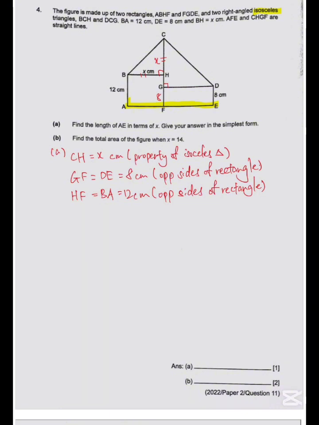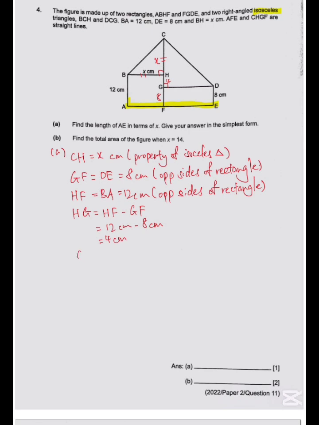So if we know that HF equals to 12 cm and GF equals to 8 cm, then can we find HG? We can, right? So HG equals to HF minus GF, which is equals to 12 cm minus 8 cm, which gives us 4 cm. So HG equals to 4 cm. Let me write a small 4 here. Okay, so with that, do we know something already? So now we can find out CG, right?